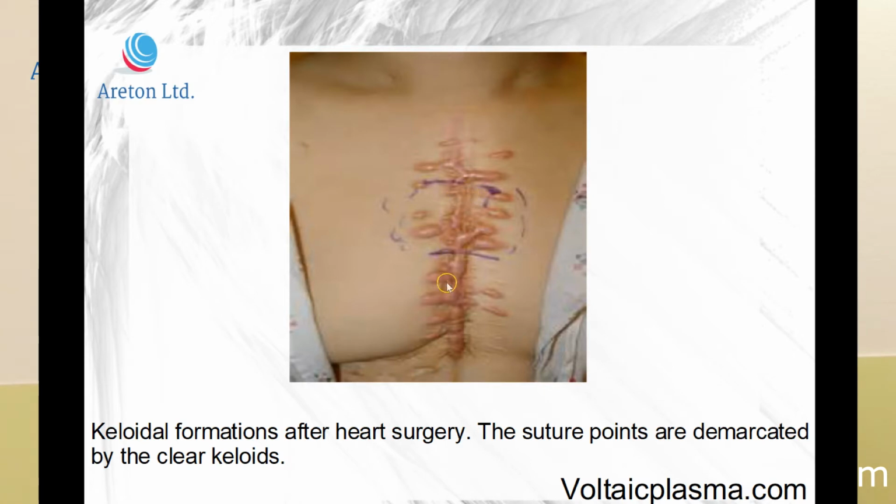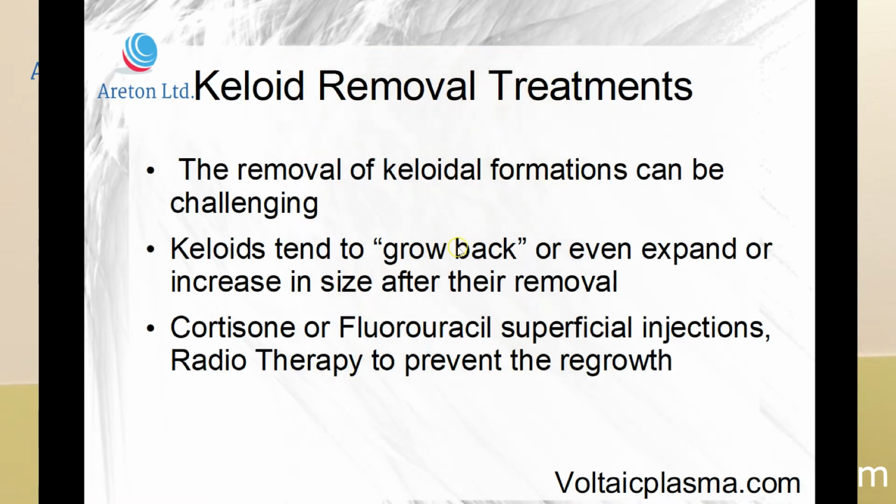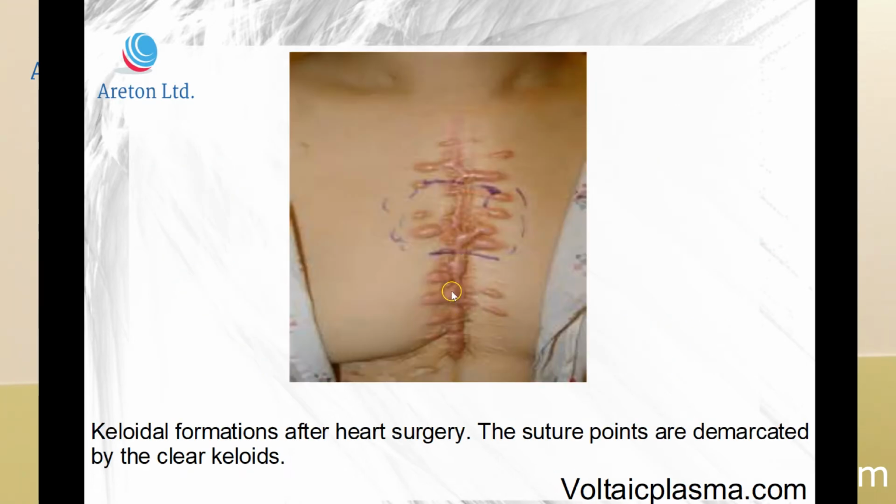This is open heart surgery, and you see that wherever you've got the suture points, you get keloidal formation, and this is quite a clear keloidal formation because they actually bulge out from where the suture points were. With normal scars, you would not see that bulging. That is a very clear sign. This sort of thing is not a normal scar. It's just far too bulging for that.